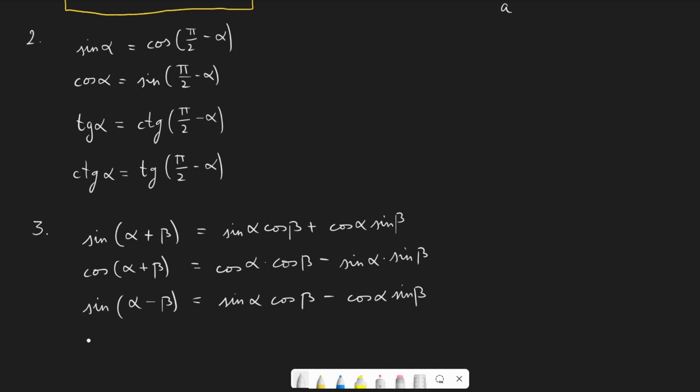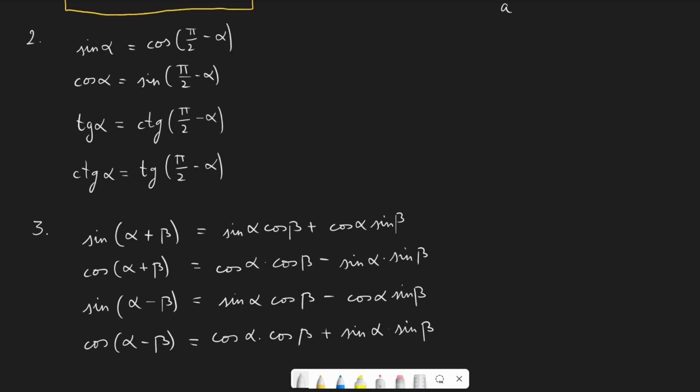And the fourth one in this group of identities is the cosine of the subtraction of two angles. So cosine of alpha minus beta can be written as cosine of alpha times cosine of beta plus sine of alpha times sine of beta.